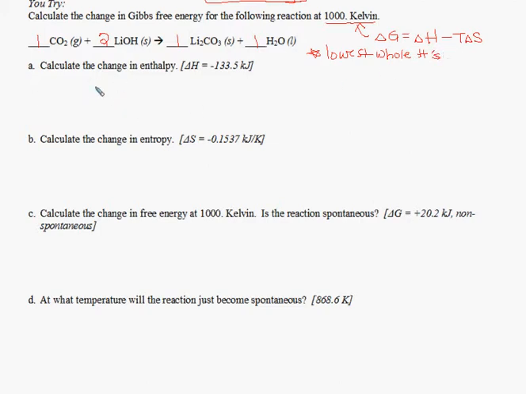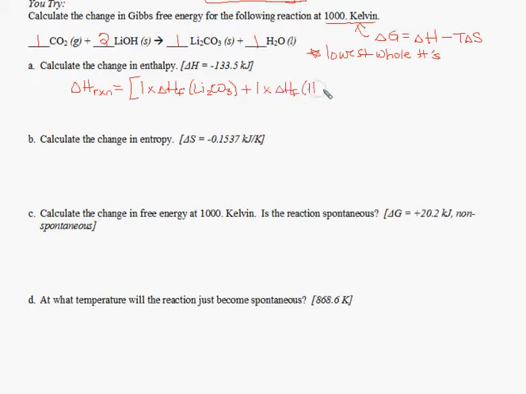So we calculate the change in enthalpy. Since we want to calculate for this, the easiest thing to select from is going to be using heats of formation. So we have our table, and we're going to find the formation. Let me actually start out with the coefficients. So 1 times the formation of lithium carbonate. And again, folks, you do not have to show all of this, but this is for your benefit so that you can follow along.